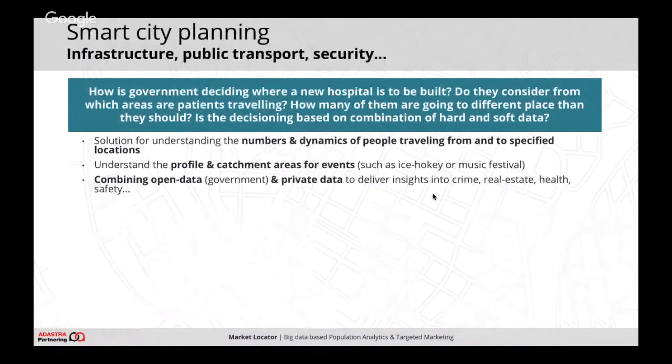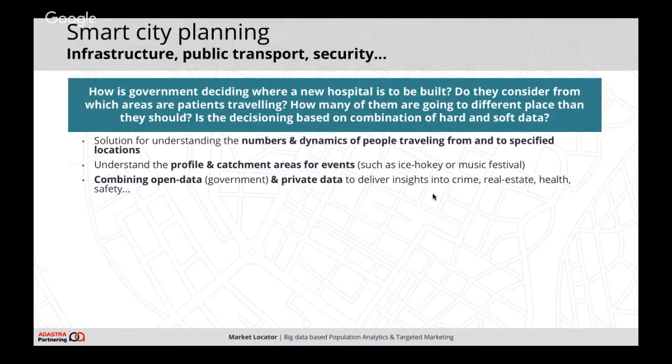And then ultimately, we want to leverage big data to make our lives as a society of a higher quality. So to have better air quality, to reduce congestion, to improve available infrastructure, to improve transportation, to improve how and where hospitals are located. So we want governments and municipalities and hospital directors to understand the number and dynamics of people traveling to and from certain locations.